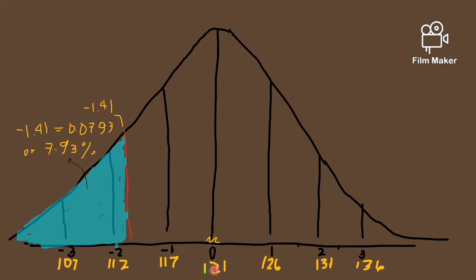So, 121 plus 5, 126. 126 plus 5, 131. 131 plus 5, 136. 121 minus 5, sa kabila, so subtract natin, magiging 116. 116 minus 5, 111. 111 minus 5 is 106.